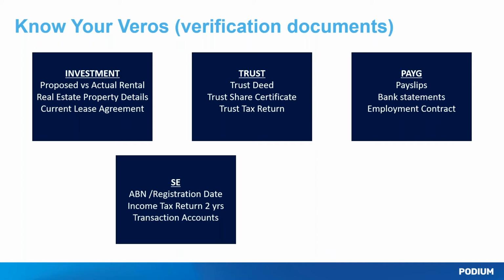But what if one of your parties is self-employed? Well, then you're going to need verification of their Australian business number, including the registration date. Self-employed income generally requires 2 years worth of income, so you're going to need 2 years worth of income tax returns, and potentially you may have to look at personal transaction accounts as well.